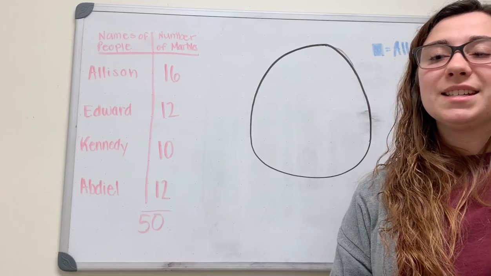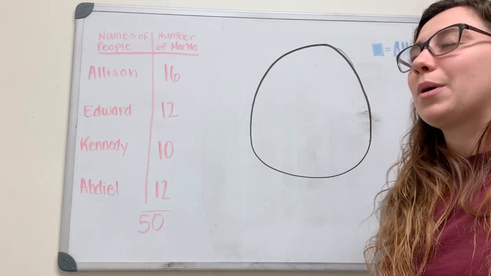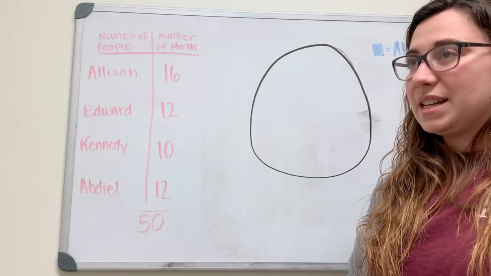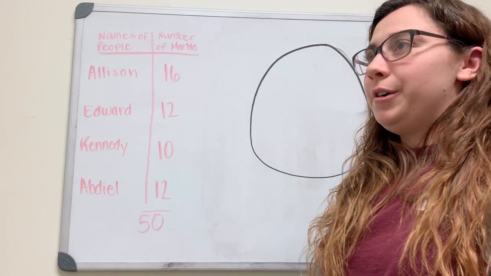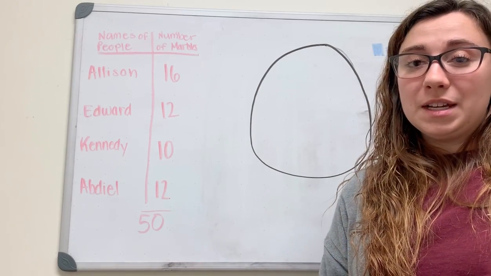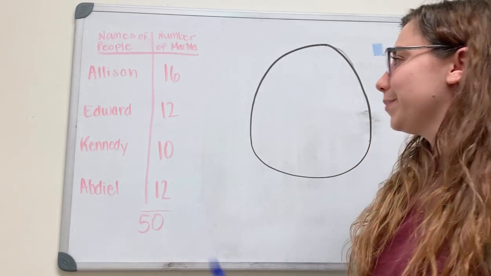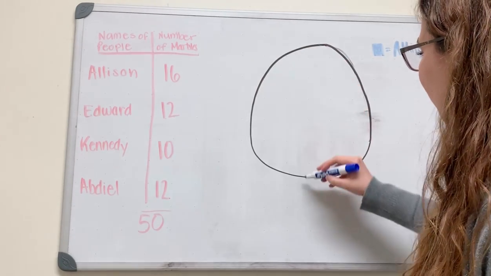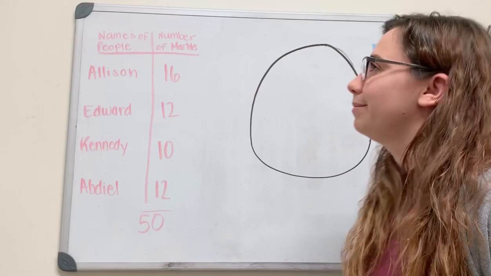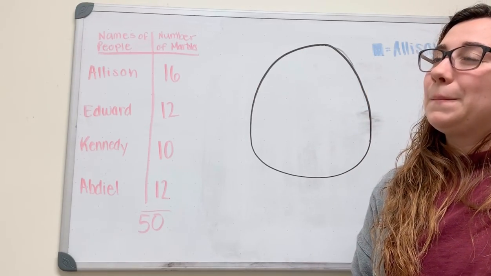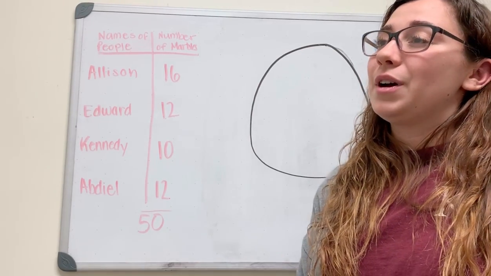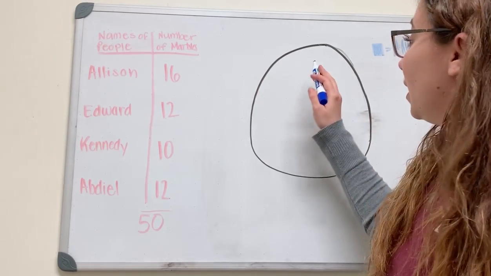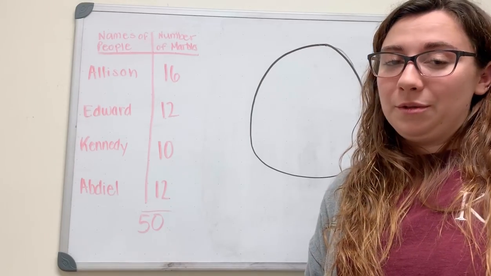Allison has 16. Now we have to think about what part of 50 is 16. So half of 50 is 25. 16 is still less than half, so it wouldn't split the circle in half. But then half of 25 is 12.5.